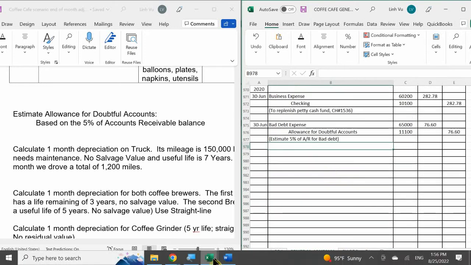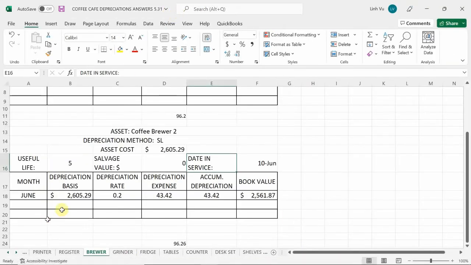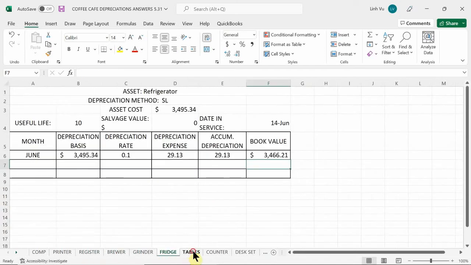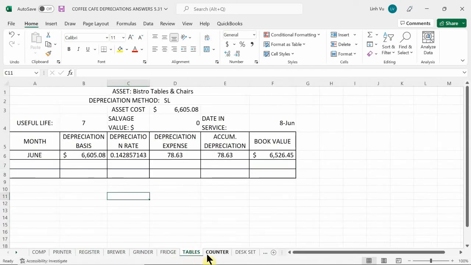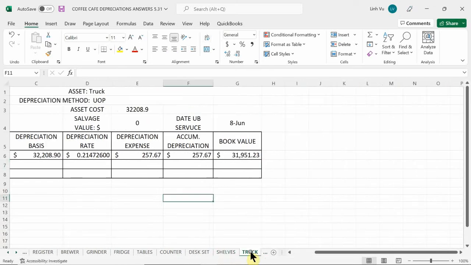Okay, so here it is. Depreciation tables, however you want to have it. Each asset has its items in here. So again, let's look for the truck. Here's the truck. Okay, what do I need to know?